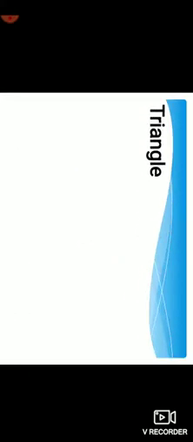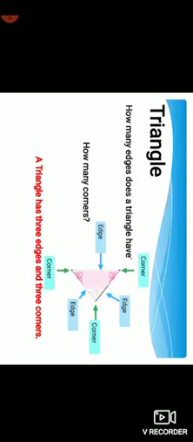Now we see the triangle. Note that we got a triangle when we folded the handkerchief. Let's answer some questions. How many edges does a triangle have and how many corners? A triangle has 3 edges and 3 corners.